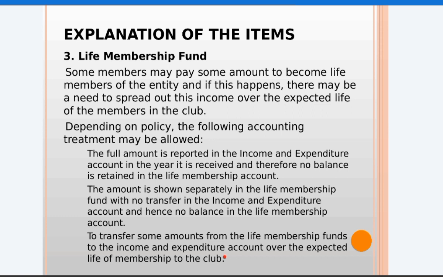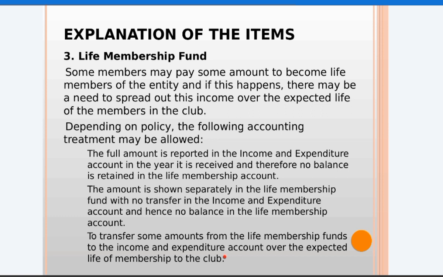So the life membership fund consists of monies received from members who decide to become life members. If they want to become life members, they pay for the life membership. You have three ways to treat this money. You can report it as income in the income and expenditure account, and therefore not create a life membership fund.